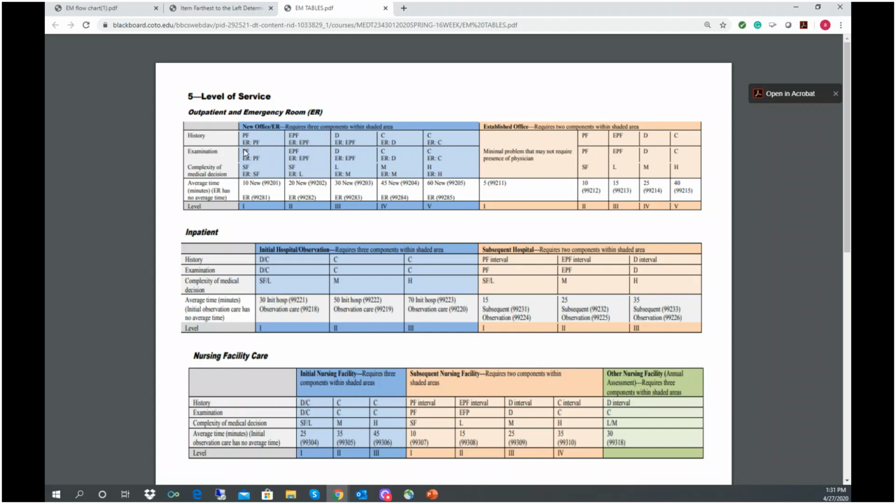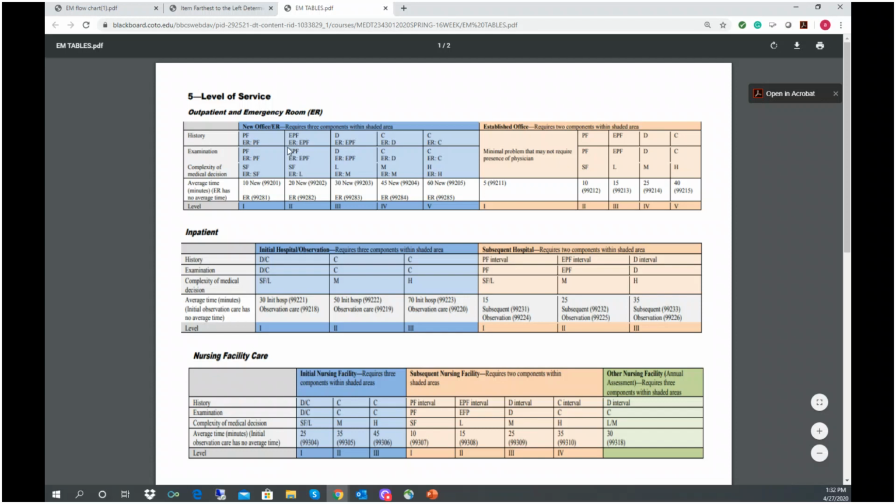On these, for the top, outpatient and emergency, we have new office, and ER falls under new because we need 3. We don't have an established in the emergency department. So new office and/or urgent care, we have established office requires 2 of the components. So new is blue, orange is established, so you need 2 of the 3.